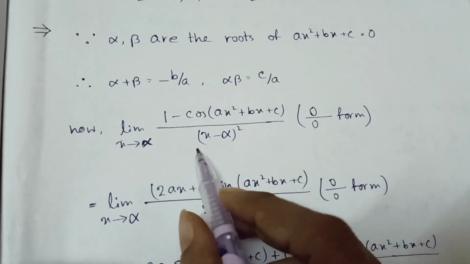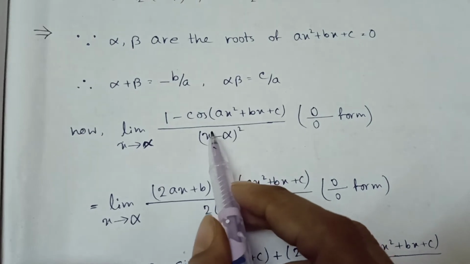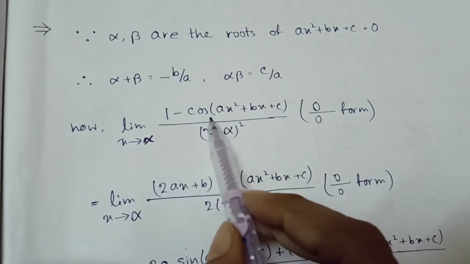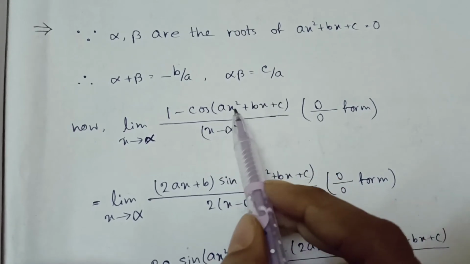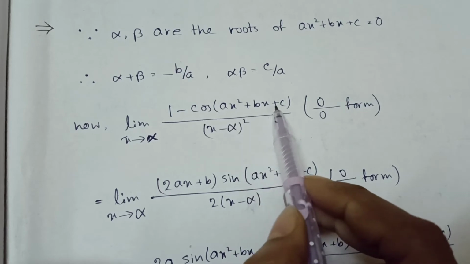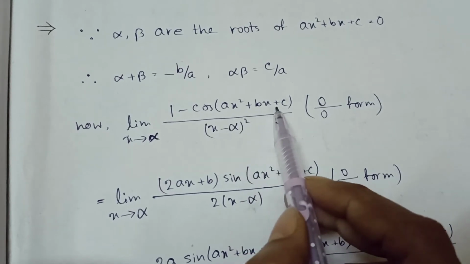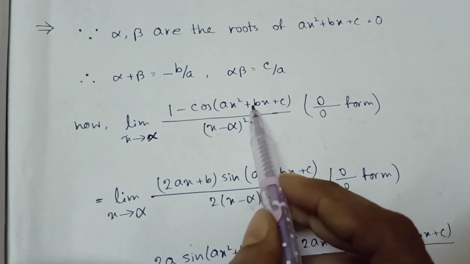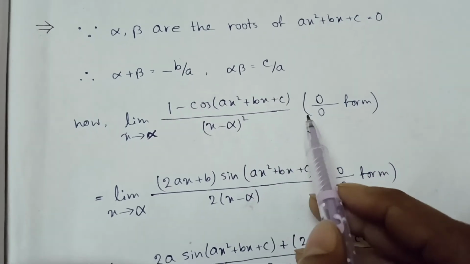Now see, if we put alpha right here, the denominator becomes 0, and if we put alpha right here, it will become 0. Why? Because alpha is a root of this expression. Alpha is a zero of this expression. So 1 minus cos 0 gives 0 again. So this will become 0 by 0 form.